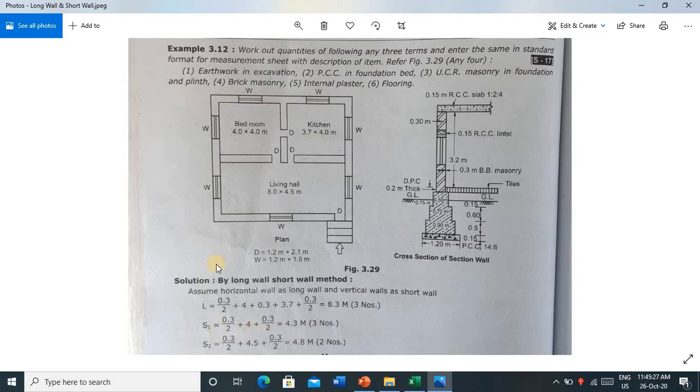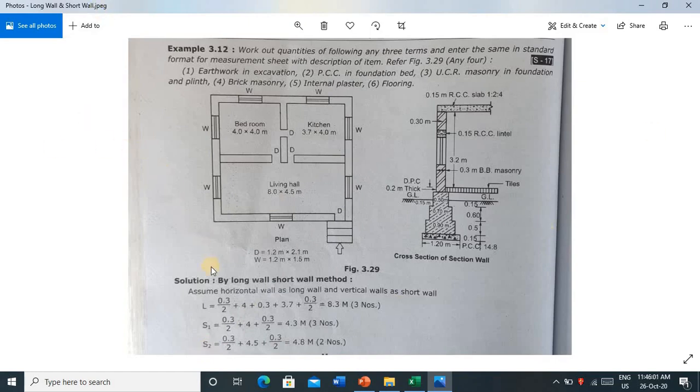And for short wall there are two types. This is short wall 1, this is short wall 2, and this is short wall 3. But some of these are of the same type, so you consider this wall as short wall type 1, and these two walls are of the same length, so these two walls are considered as short wall type 2. See, S2 the name is given.